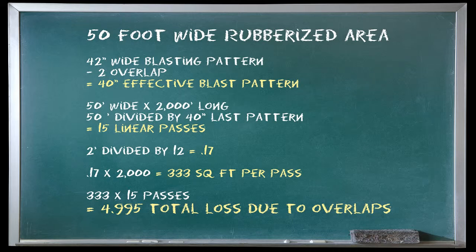We then take that 333 square feet, multiply it times the 15 passes necessary, and you quickly calculate that there is 5,000 square feet wasted in overlaps on an area of runway to be cleaned. Compare that 5,000 square feet with the 35,306 square feet represented by the laterally moving machine.